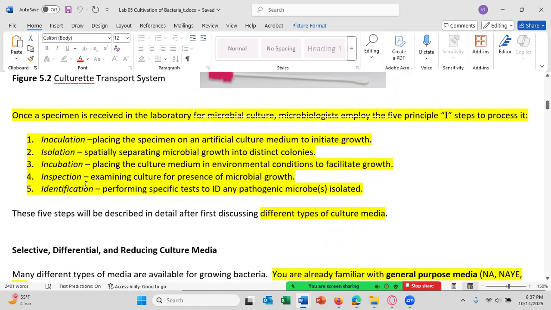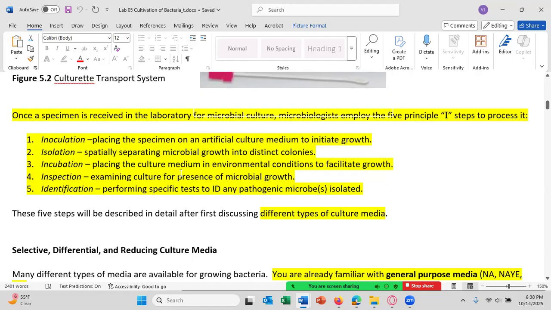So 1, inoculation, that's placing the specimen or the cells on an artificial culture medium to initiate growth. 2, you then have to isolate the growth, so you spatially separate microbial growth into distinct colonies. In fact, you'll need to probably go further and make sure you have a pure species before you study it further. 3, you need to incubate the specimen, and that's simply placing the culture media in an environment having conditions to facilitate growth.